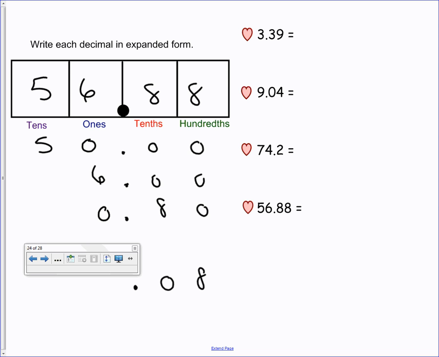And so if I write it out, it'd be 50 plus 6. Let's include our decimals, so that way we know that those place values are there. Plus 6 plus 80 plus 8.